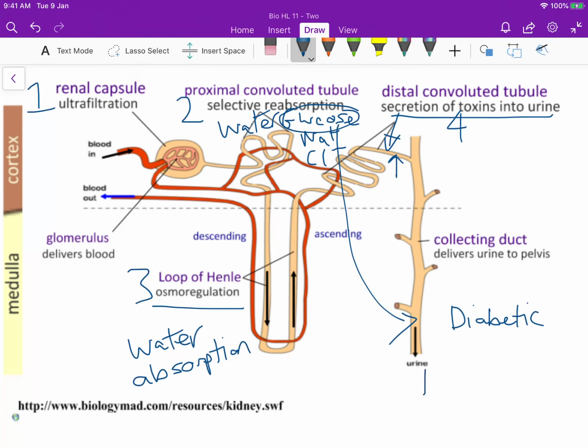And then that means there's more toxins in the urine going out. And then finally, and really it's kind of the fourth process that we talk about, we have more osmoregulation taking place in the collecting duct. And this is to do with ADH, that hormone from the brain.